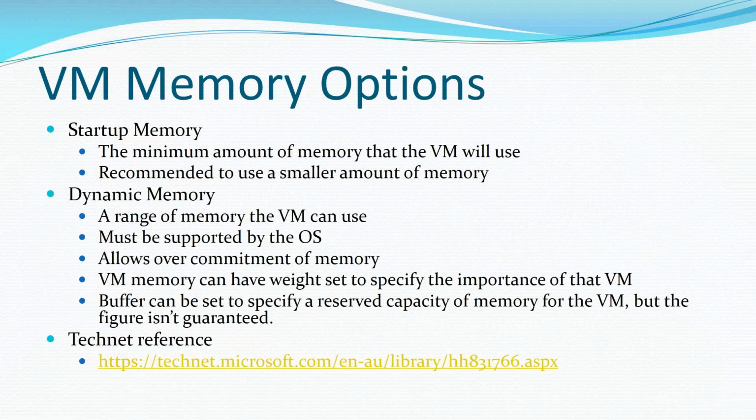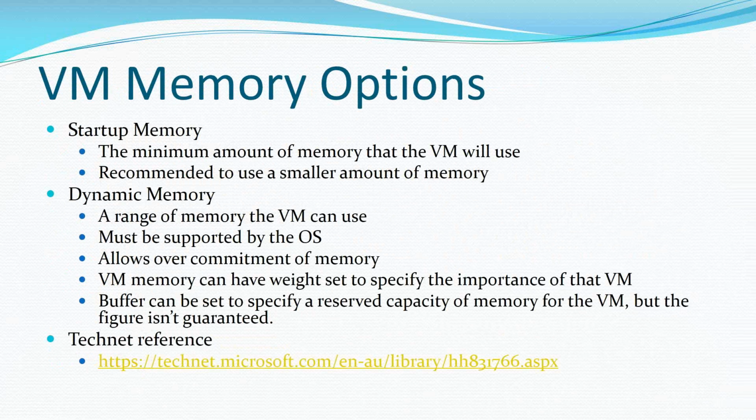So you may just want it, at night when everything else is nice and idle, to grab as much as it can. It might grab 256 gig of RAM and just get its batching done nice and fast. Then during the day it can peter back down to 12 gig of RAM. So that's where you can use dynamic memory to your advantage.